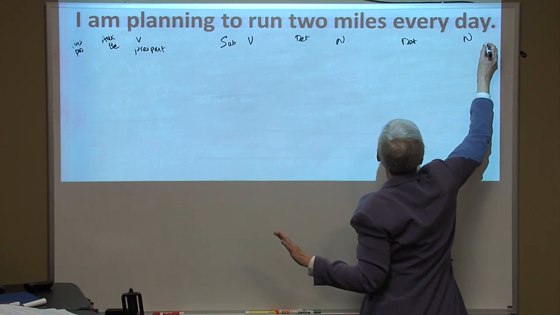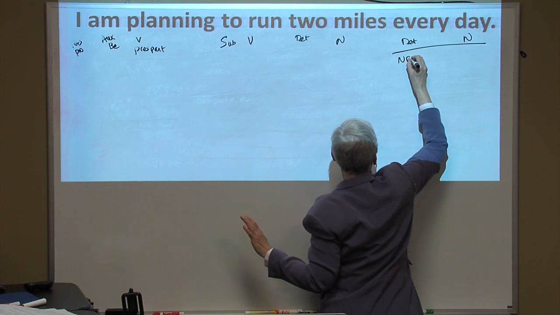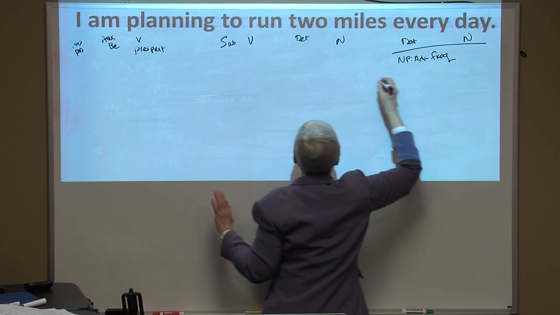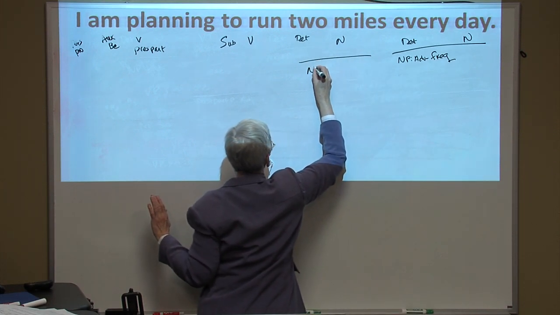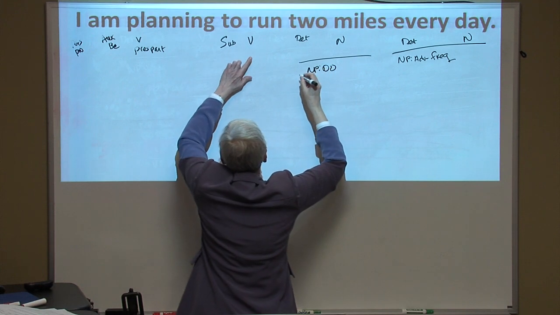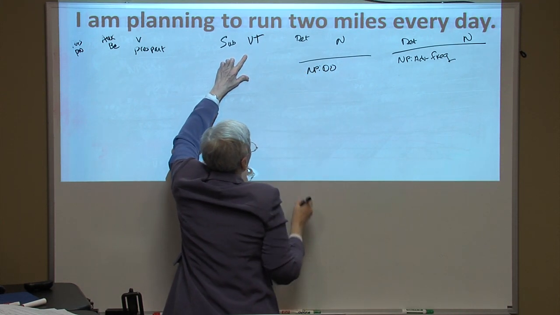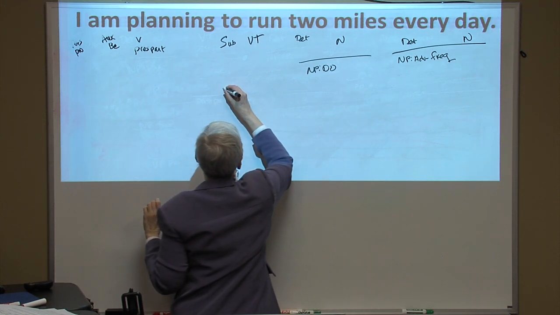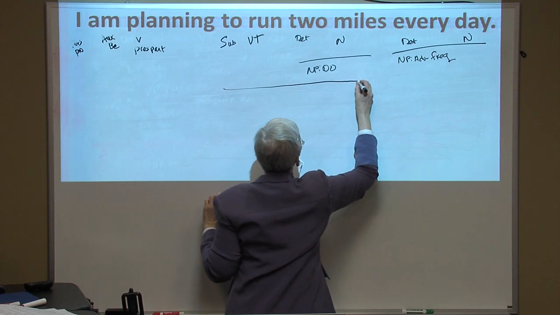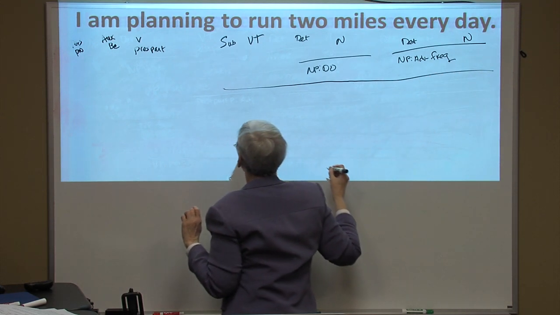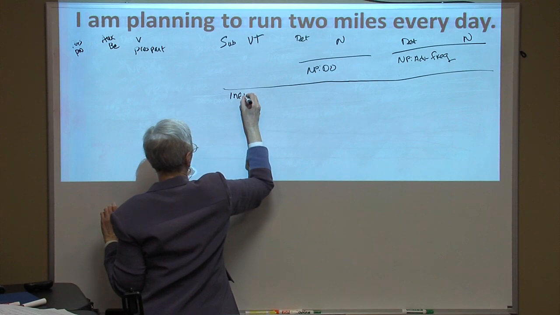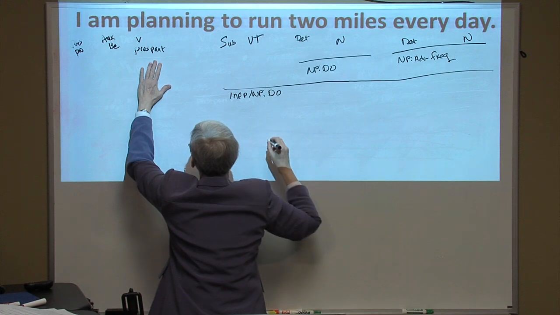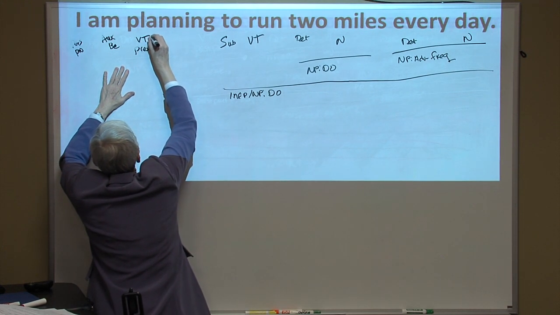Moving from right to left, every day is a noun phrase functioning as an adverb of frequency. 2 miles is a noun phrase, functions as the direct object of run. So that's a transitive verb. To run 2 miles every day, then, is an infinitive phrase in a noun phrase slot functioning as the direct object of am planning. So planning is a transitive verb.